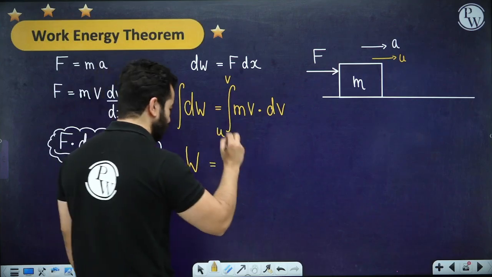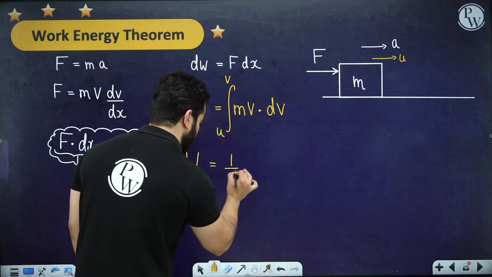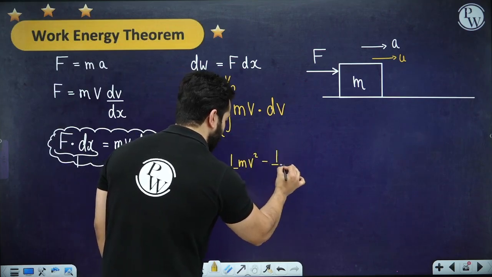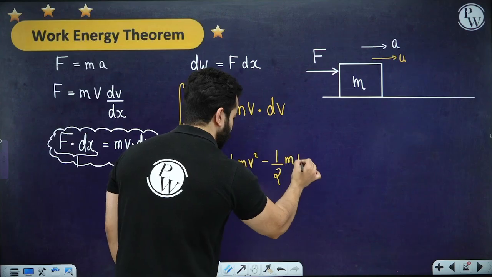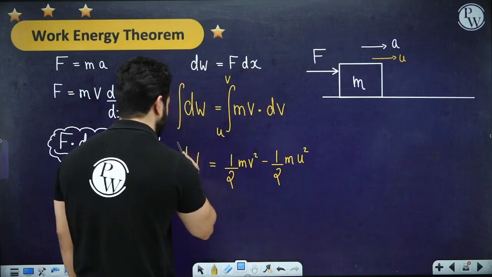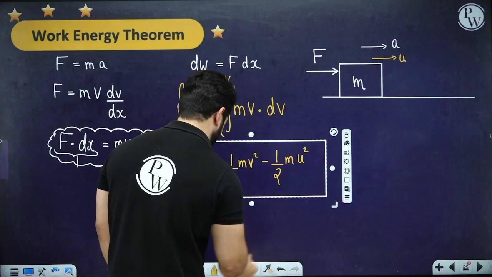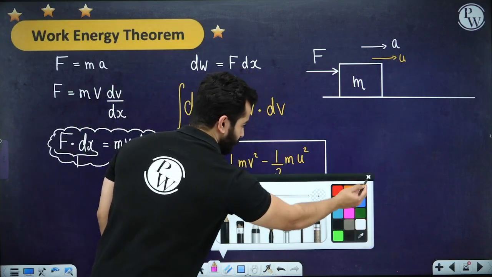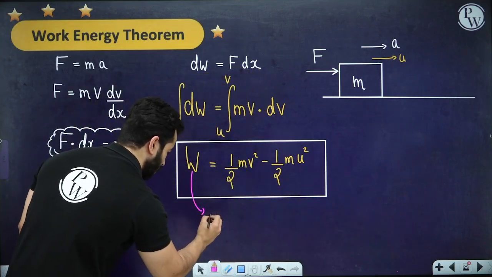It would be half mv square. So it is going to be half mv square minus half mu square. This is the most simple thing that you can see, but see how many concepts are going to open now. This is what I was talking about. This thing is the work done by all the forces.